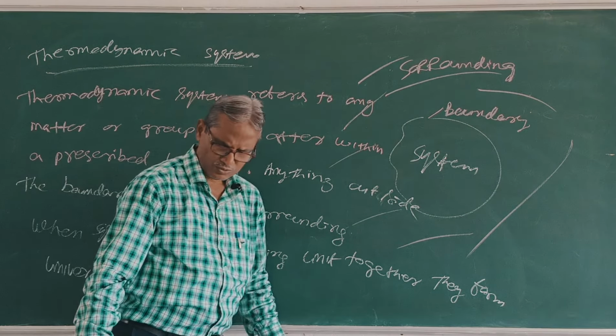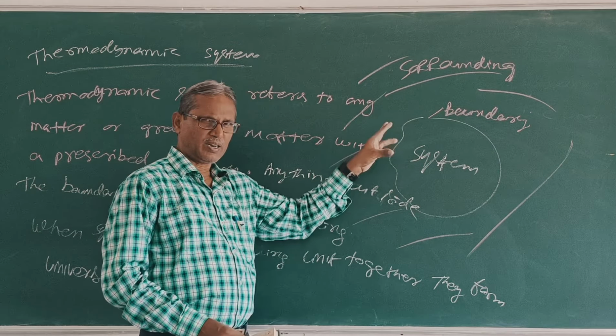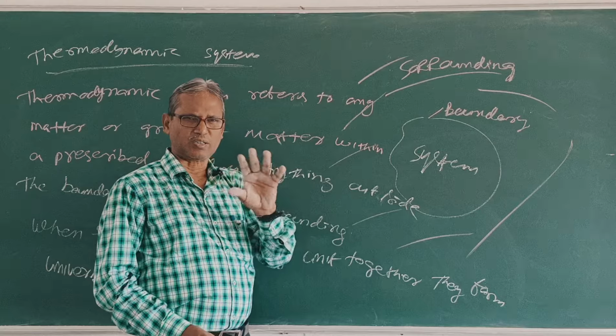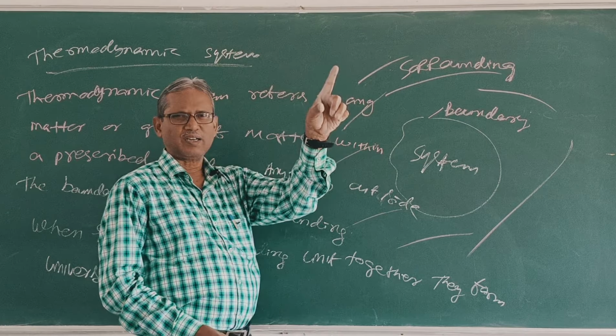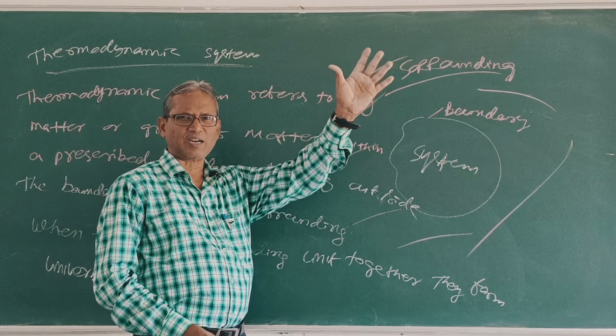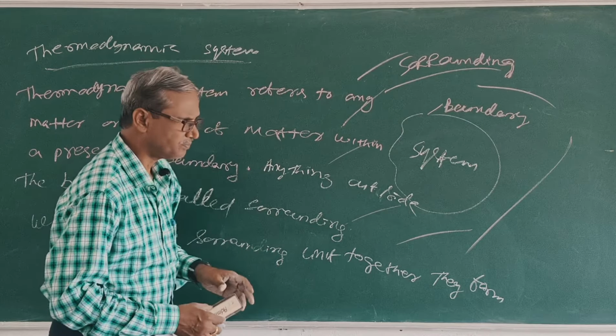Clear? So this is the system, this is the boundary, outside the boundary is called surrounding. Now we are inside the room, this is the system. The wall of the room is called the boundary, and outside the room is called the surrounding. Clear? Now what are the types of system?